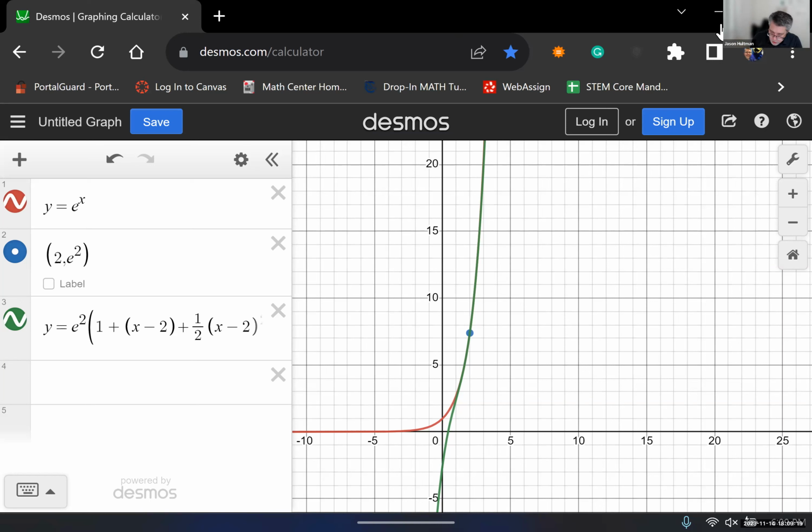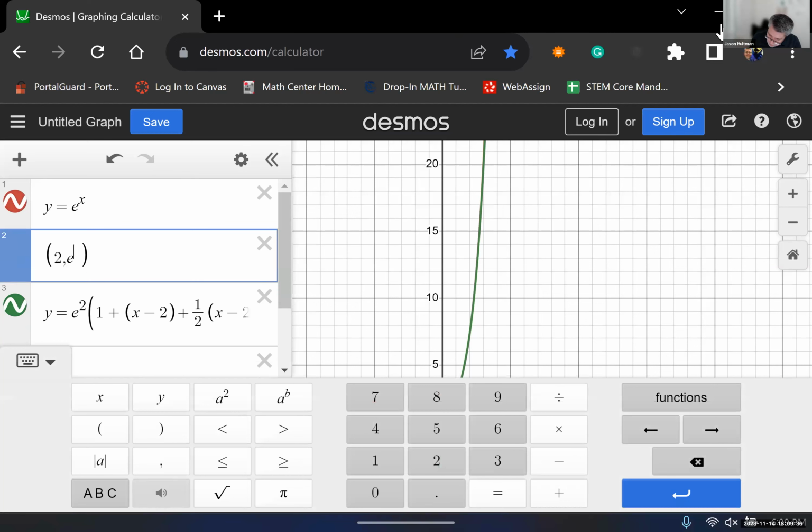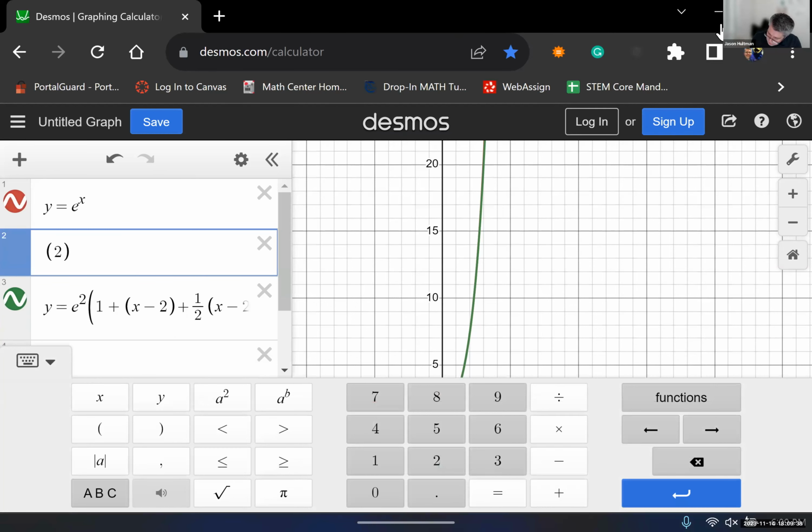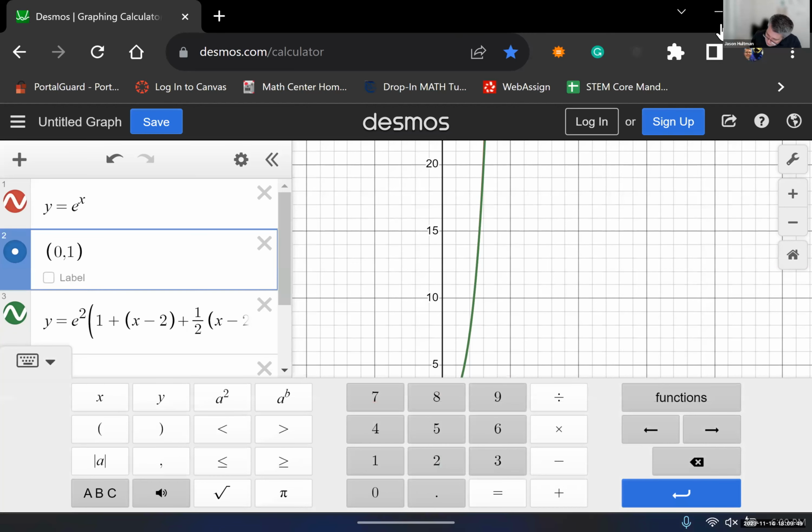And then we just get 1 plus x plus x squared over 2 plus x cubed over 6. So let's see what happens if we use the Maclaurin series. The Maclaurin just says center this at 0 to get a really nice approximation for e to the x. And at 0, we get 1.